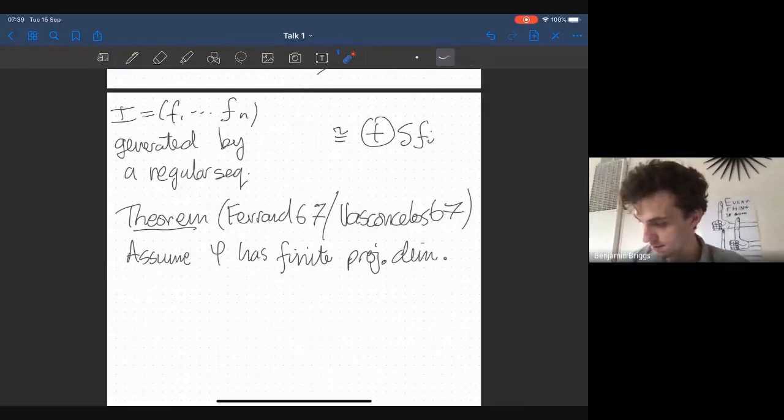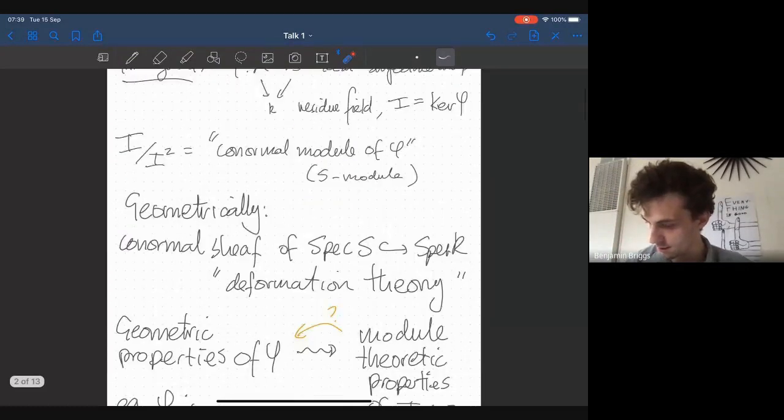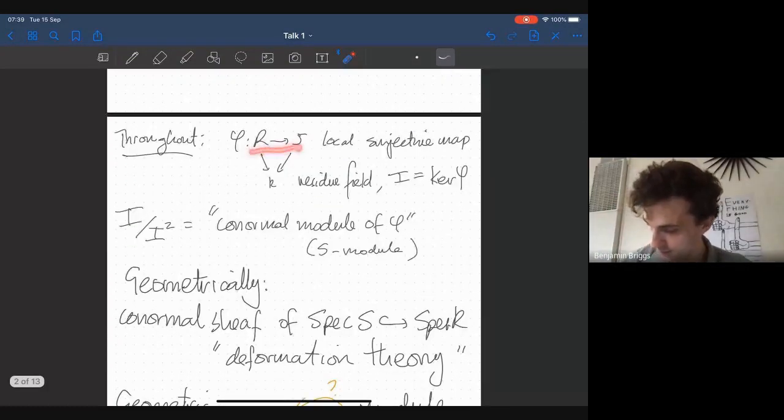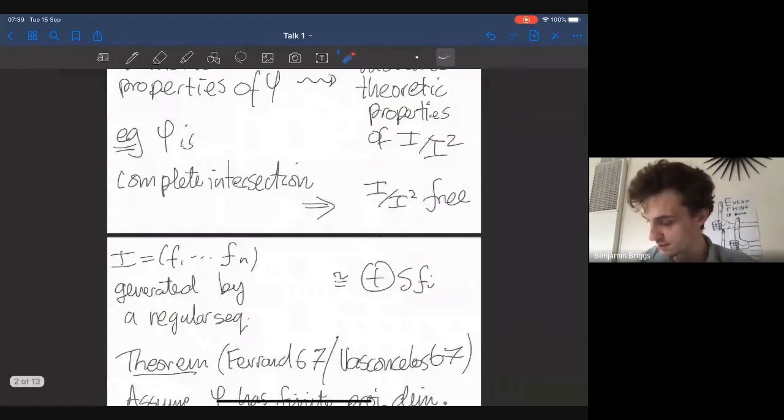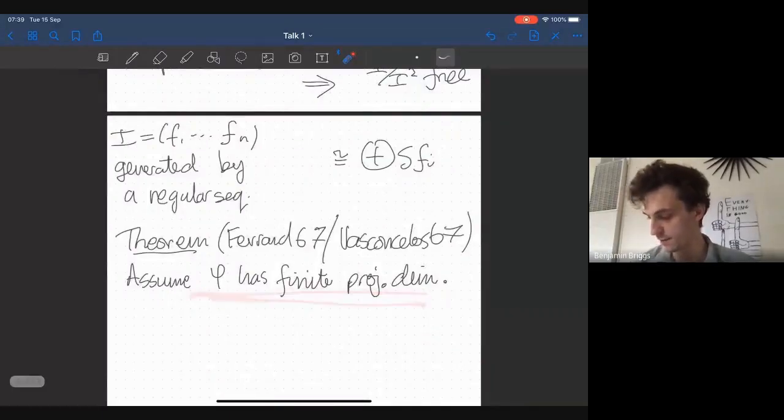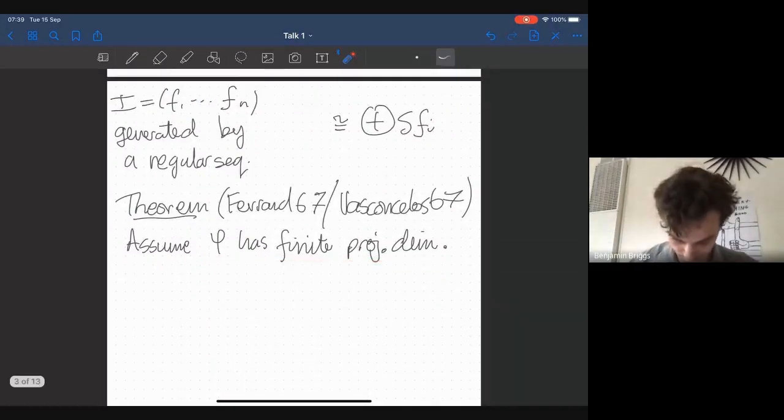So what that means is it's a homomorphism from R to S. To say that phi has finite projective dimension means that S has finite projective dimension as an R module, because there is a map here making S into an R module. So whenever I say phi has finite projective dimension, which is pretty much going to be the hypothesis all throughout, that's what that means.